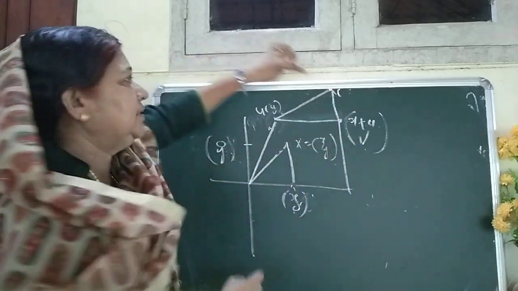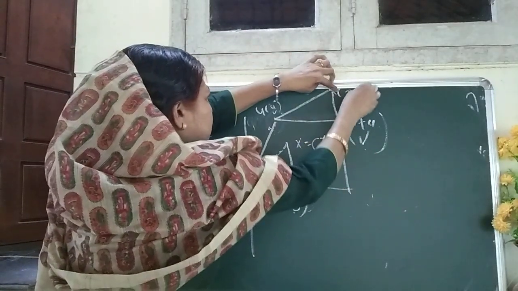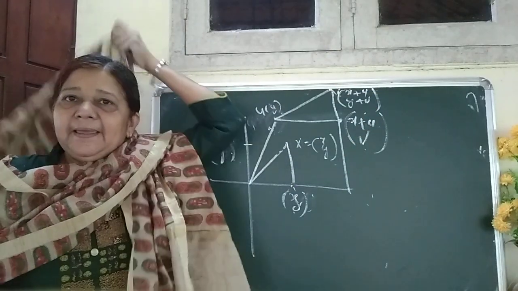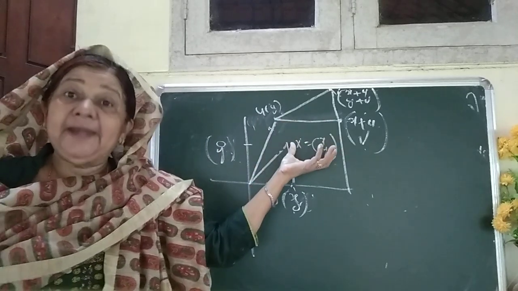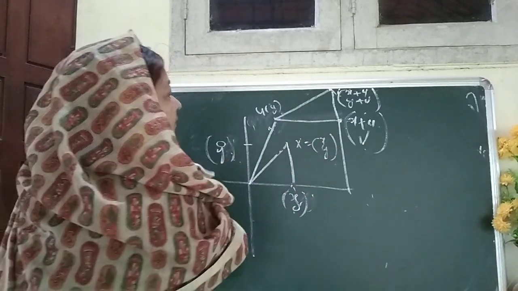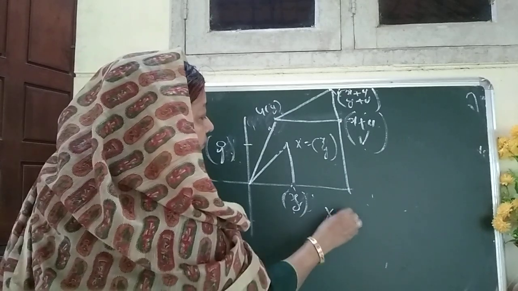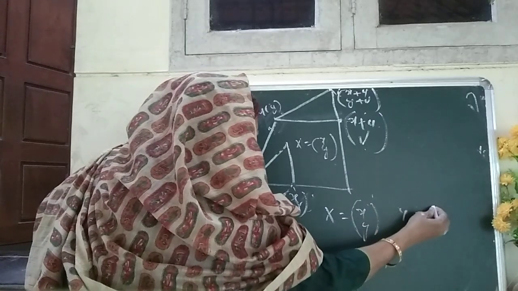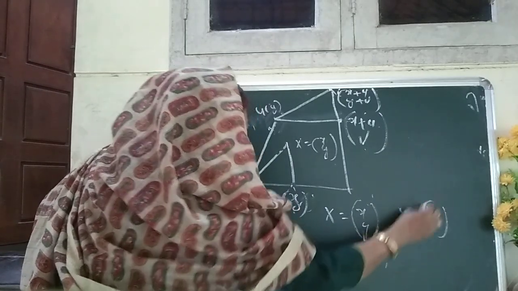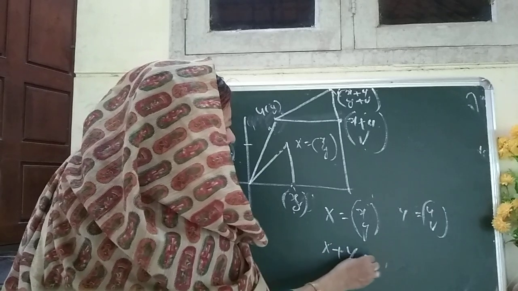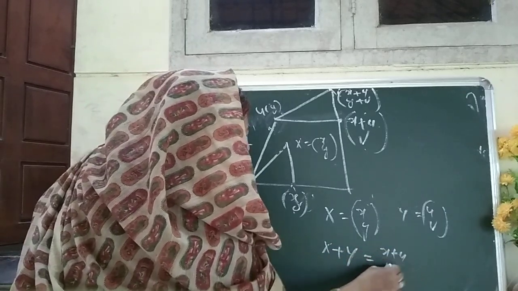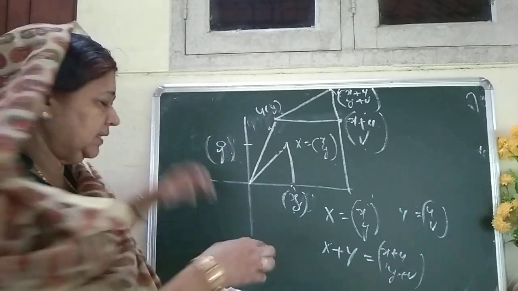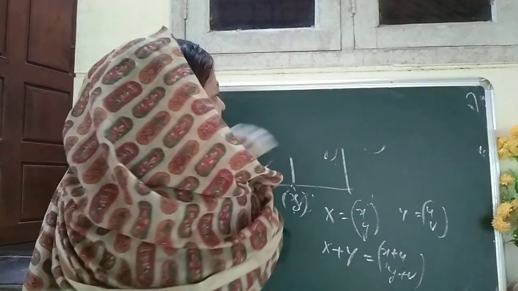Therefore, it is the point x plus u, y plus v. Thus, we apply geometrically to add the vectors X equal to x, y and Y equal to u, v. Then the sum X plus Y equal to x plus u, y plus v. That is the point. Then we define linear dependency.